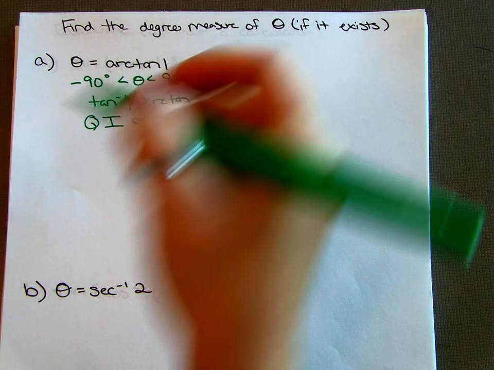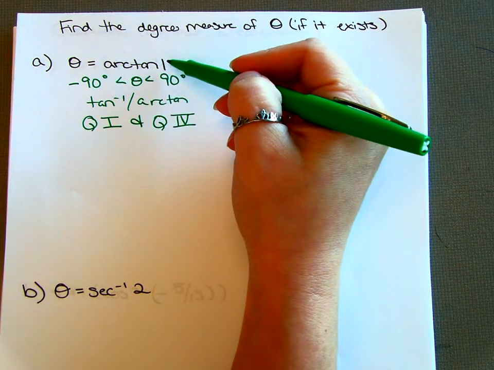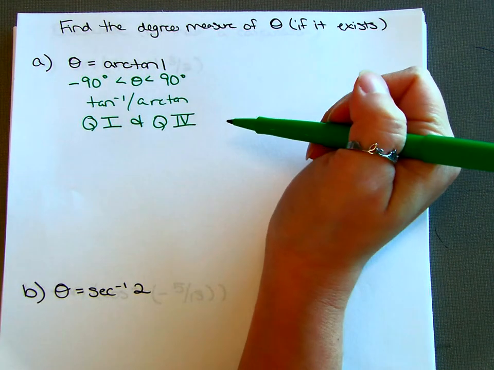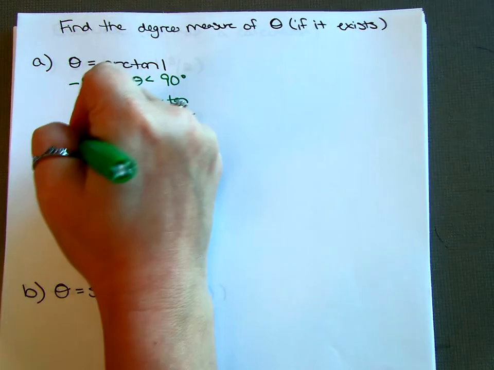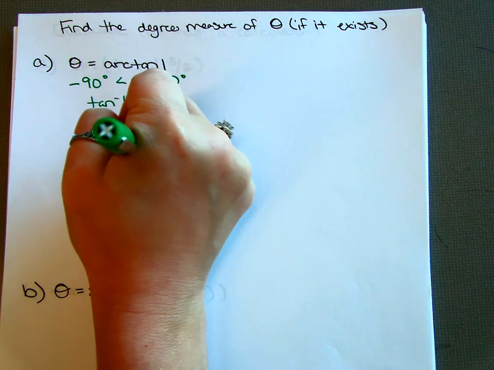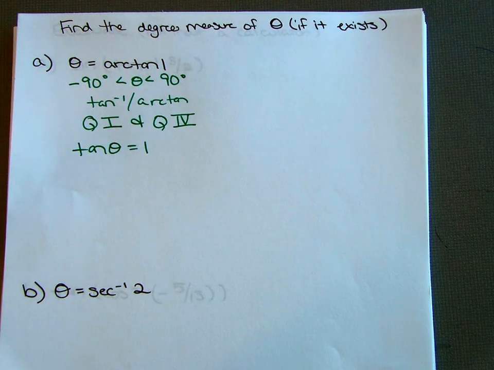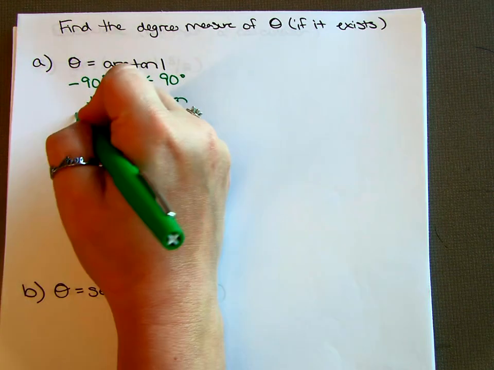Now, remember, when we have theta equals arctangent of 1, we can rewrite this using regular tangent, right? We can write this as tangent of theta equals 1. Now, if tangent of theta equals 1, notice that's positive. And if that's positive, are we going to be in quadrant 1 or in quadrant 4? We're going to be in quadrant 1.